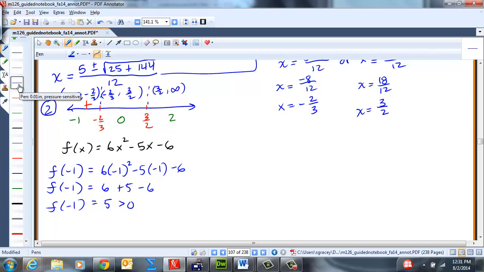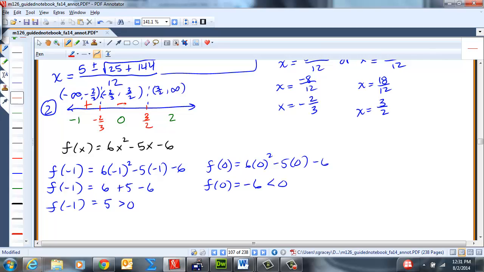Now, I'll just do it over here. F at 0 is 6 times 0 squared minus 5 times 0 minus 6. So f at 0, do you see, will be negative 6, which is less than 0. So we'll put a minus sign here. And then lastly, f at 2 is 6 times 2 squared minus 5 times 2 minus 6.